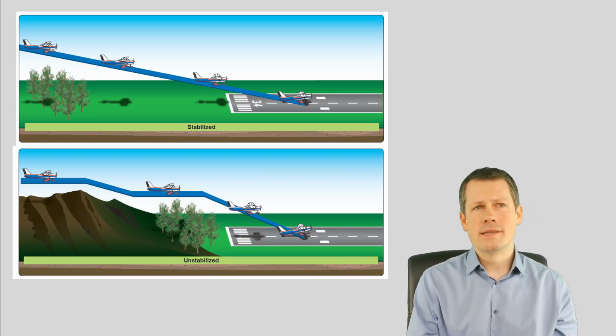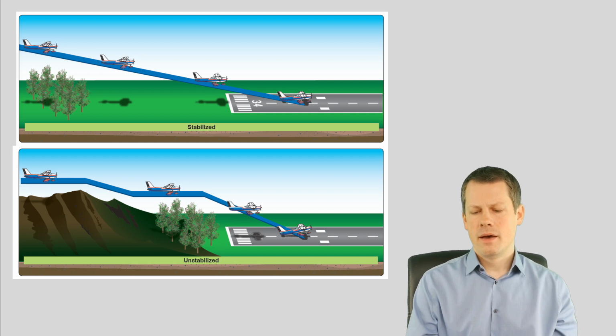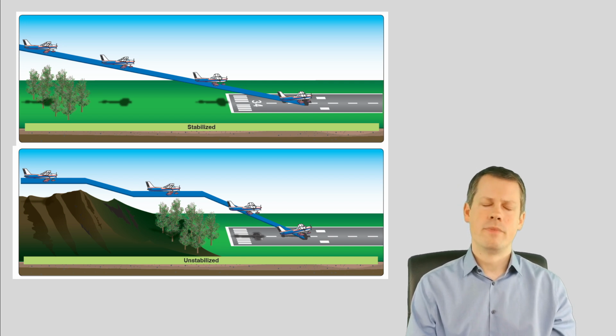Now, as I've said before, also in this scenario, you could drag it in, like you can see in the image below. But what are you going to do if you have an engine failure? You will definitely hit the ground or the obstacle below you. And it's not really helping you that much, because if you look at that image, you can see the pilot is dragging it in low over the trees.